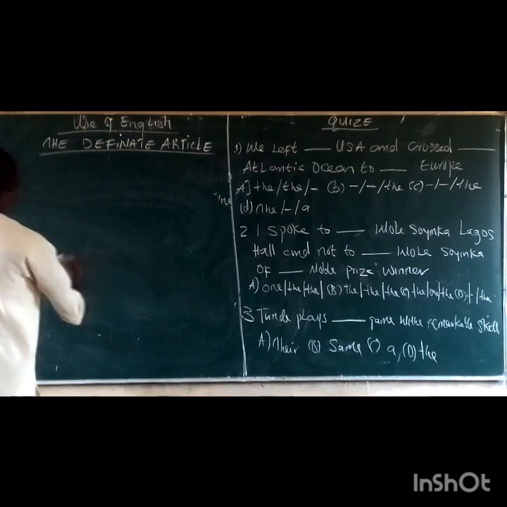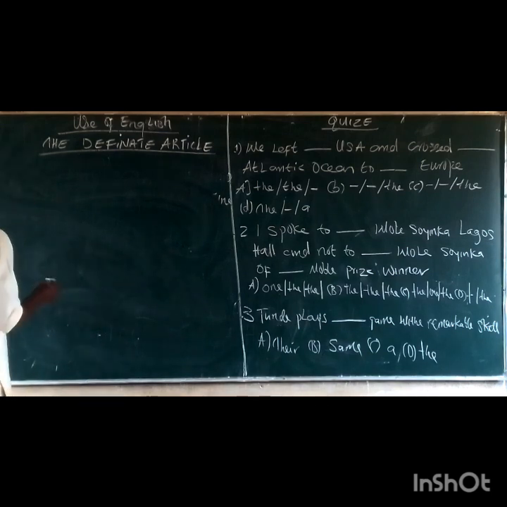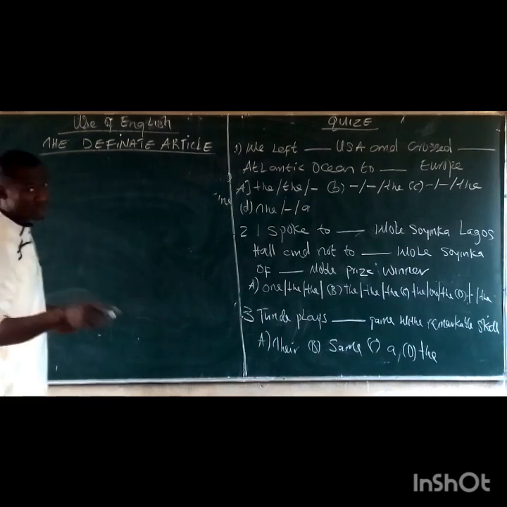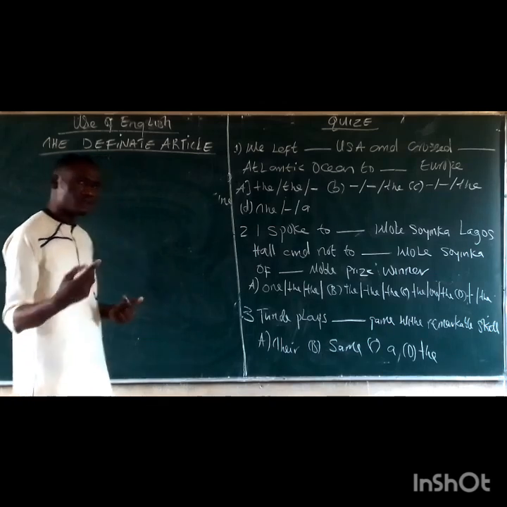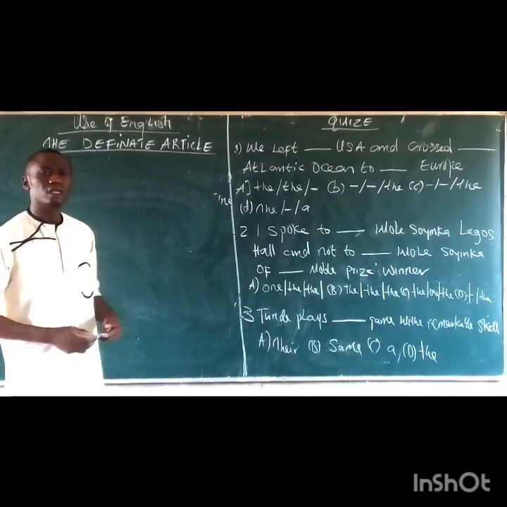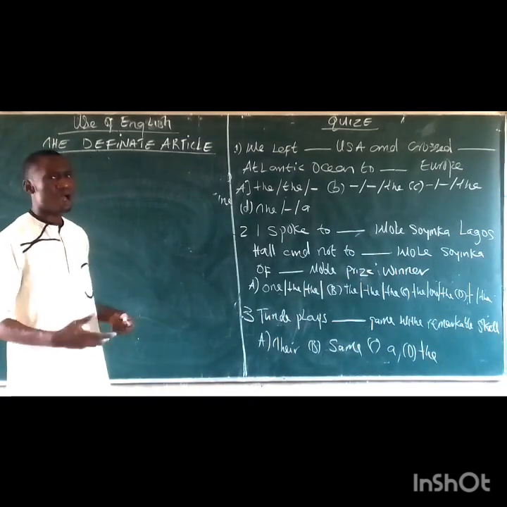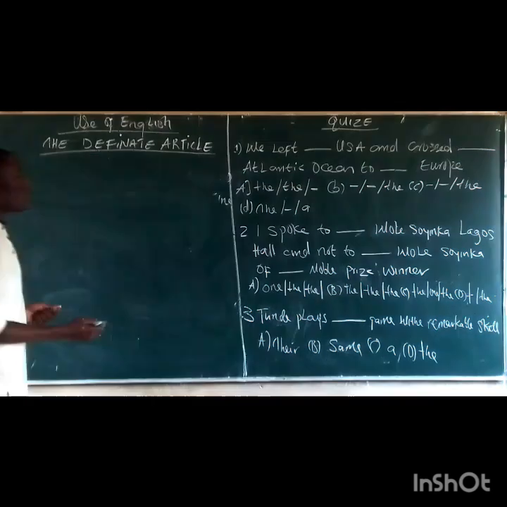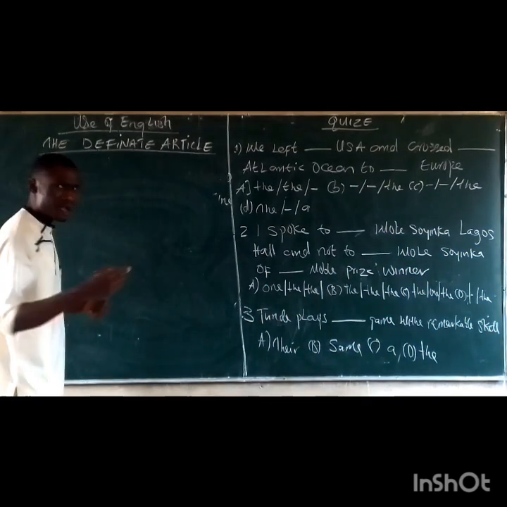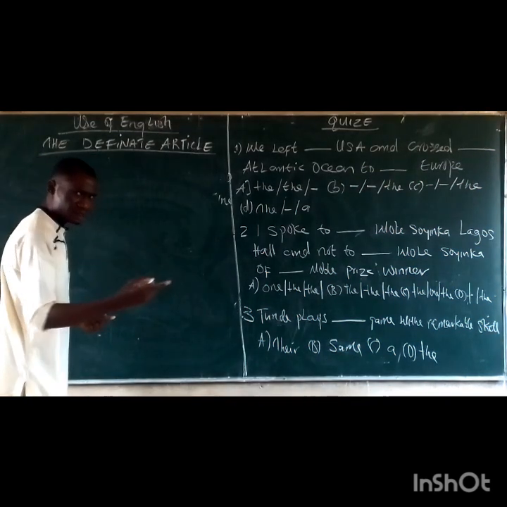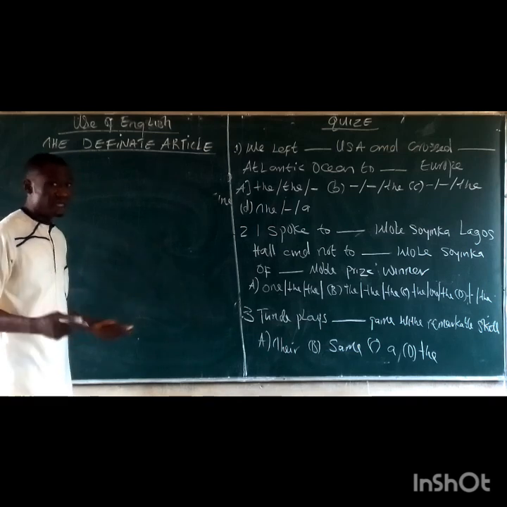Another one that attracts the definite article is the geographical location. Remember the first one, I gave you some nations: the United States, the United Kingdom, the USSR. Now, we also have newspapers and magazines: the Sun, the Daily Times.